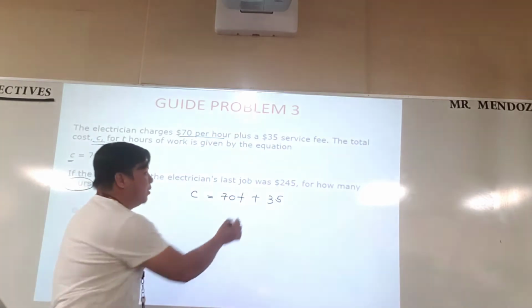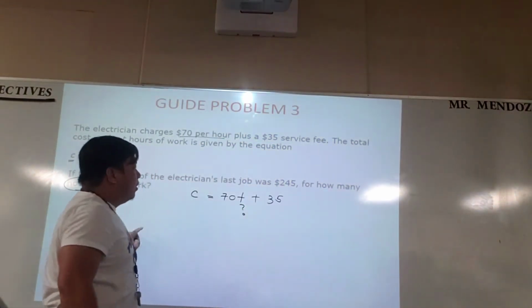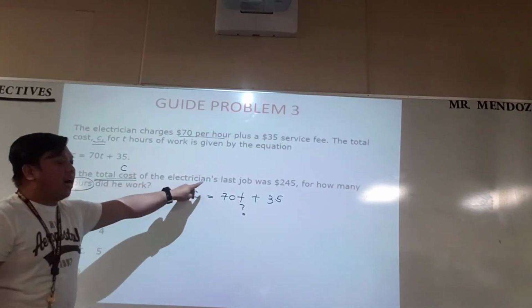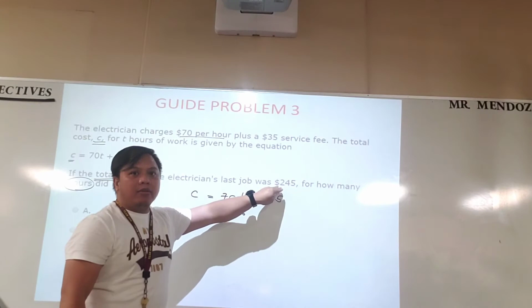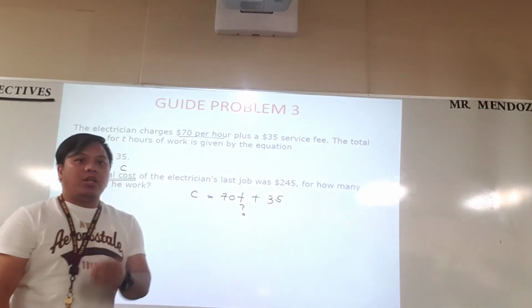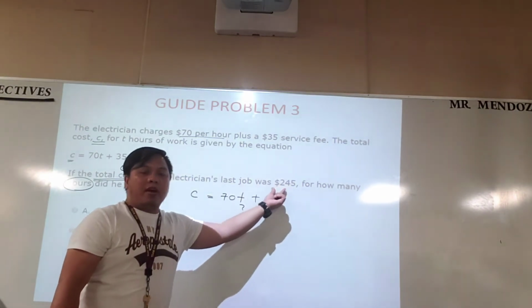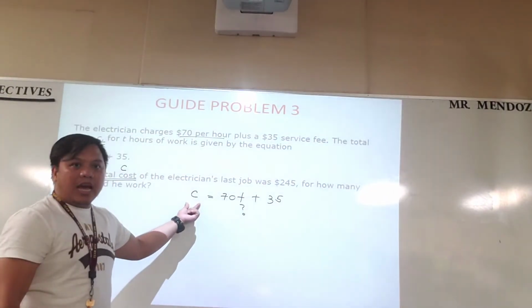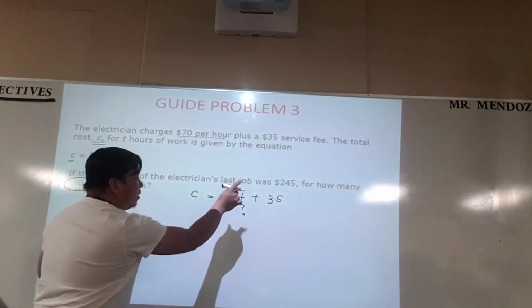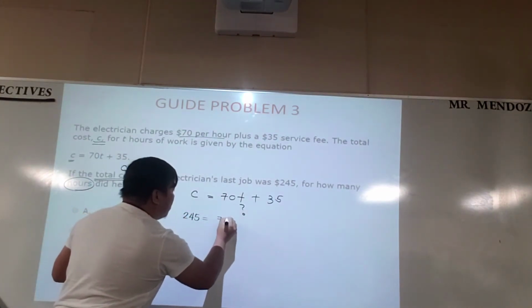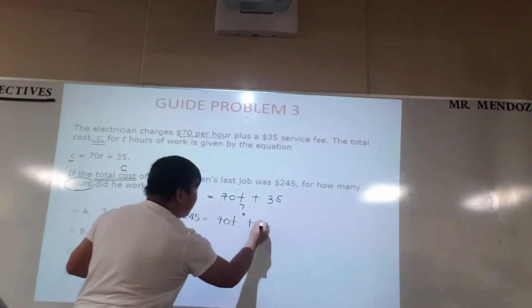That's what we're looking for. The total cost the electrician got after working was $245. So all you need to do is plug this 245 into the equation, wherein that is the C. So C is equal to 245, which is equal to 70T plus 35.